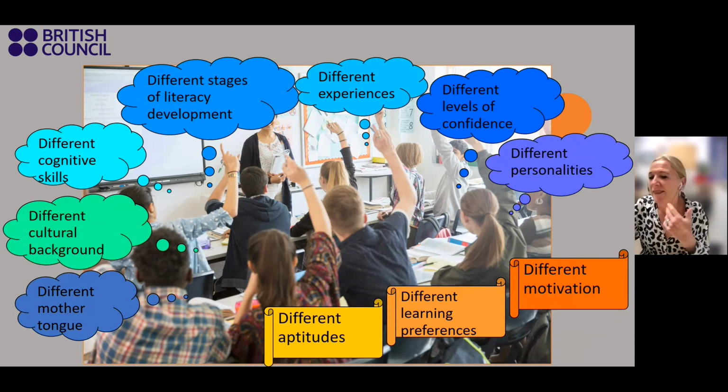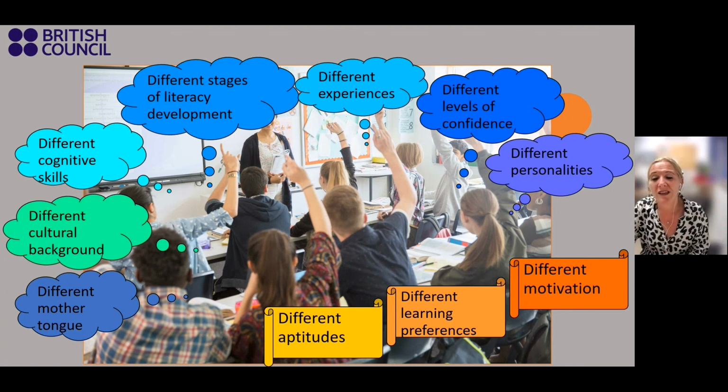For example, they might have a different first language, they have different personalities, they are shyer or less shy, they have had different experiences, cultural, cognitive skills. Each student is different and will develop in a different way.